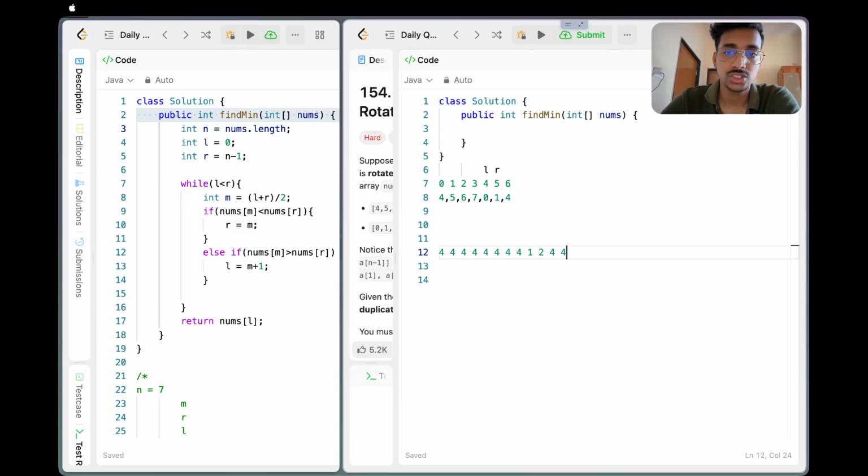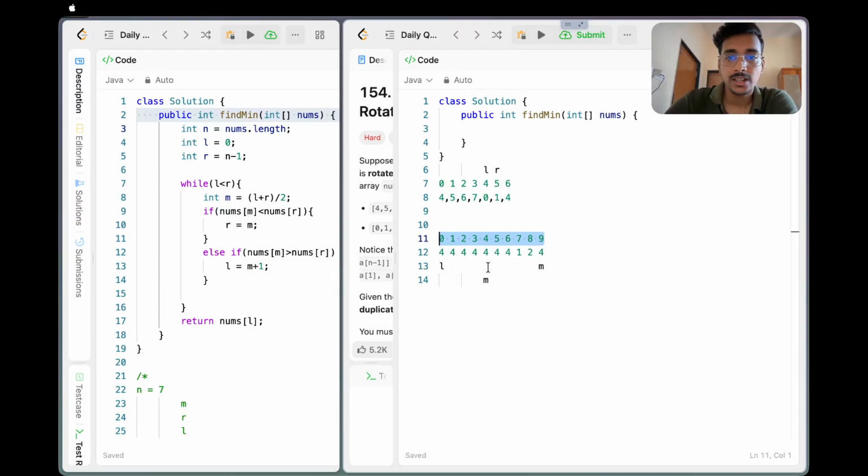Okay, this is a nice question actually. L is at this position, R is at this position, and mid will be here. 9 plus 0 by 2 is 4.5, that is 4.